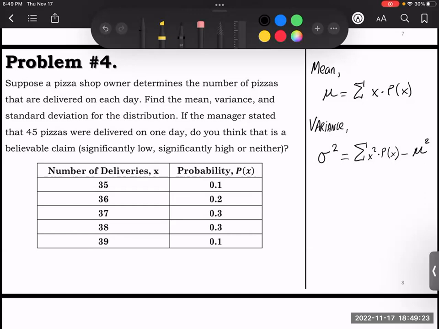Here what you're going to have to do is square the value of x first, multiply by the probabilities, add them up, and get the first number. Once you get that first number, you subtract the mean squared. Lastly, for your standard deviation, all you have to do is take the square root of the variance.